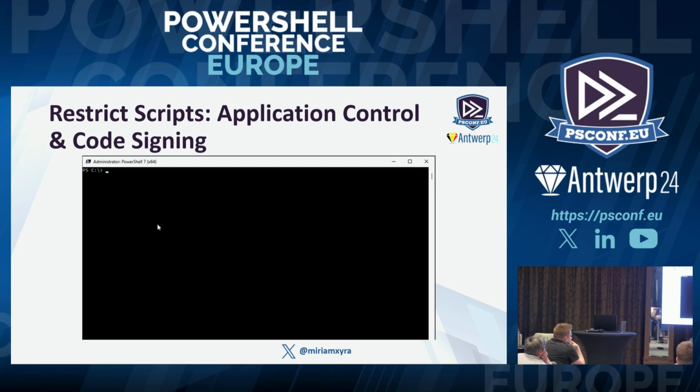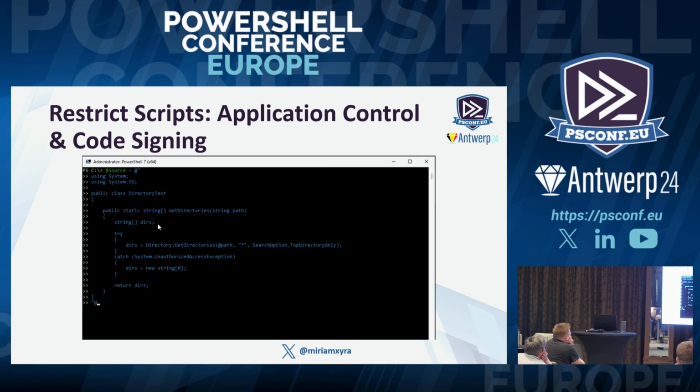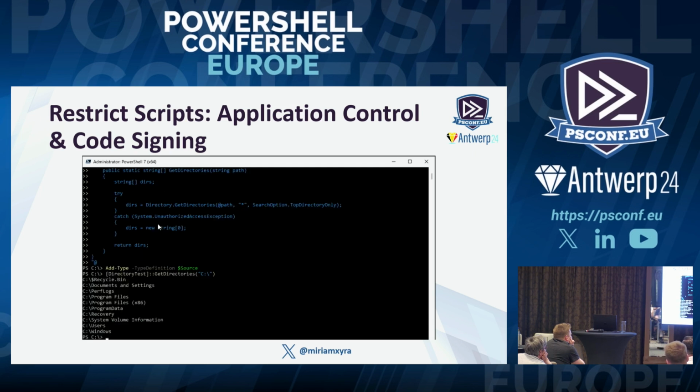For example, if we are running C# code via Add-Type, usually if you just paste C# code here and run it with Add-Type, and application control is not enabled, you can just access its functions. You see the GetDirectories function here, and it works. It would just return all the directories. And yes, it's not the best C# code you have ever seen, but it's a demo.